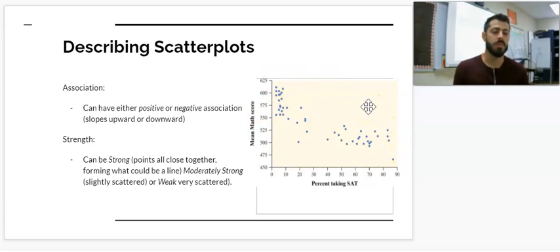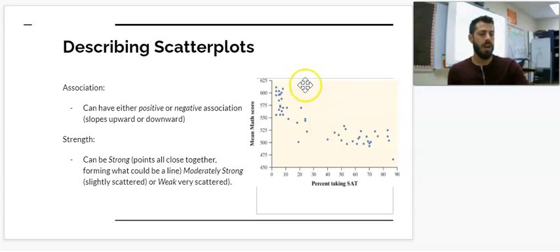The strength can be considered strong if the points are very close together, moderately strong if they're slightly scattered about, and weak if they're very scattered. I would say this scatter plot pictured here is relatively strong. We may consider this something moderately strong, but I would make the case that this is actually a strong relationship.